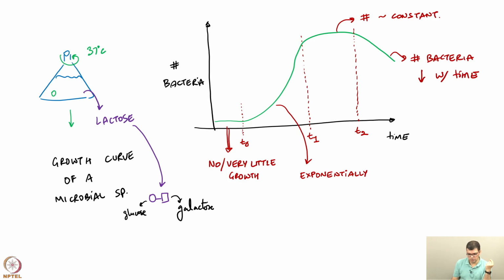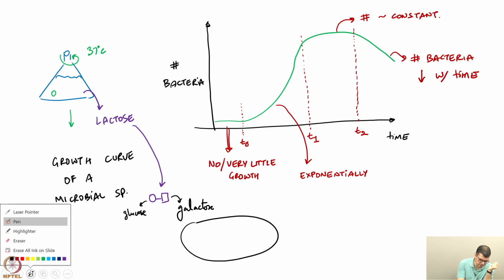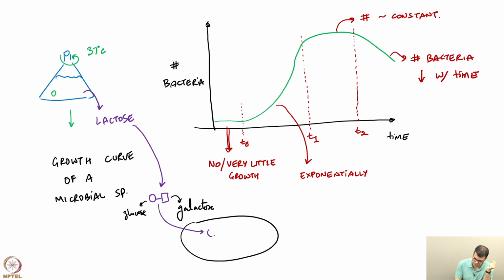The way E. coli utilizes lactose for growth is, first it has to internalize it. Let us say this is an E. coli cell. First it has to bring the lactose inside the cell. So this transport process has to take place. That is step number 1. The second step is that this lactose has to be broken into glucose and galactose.